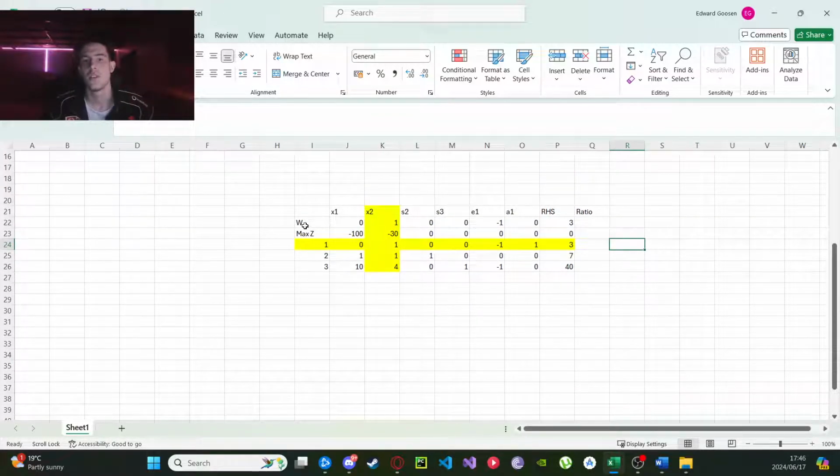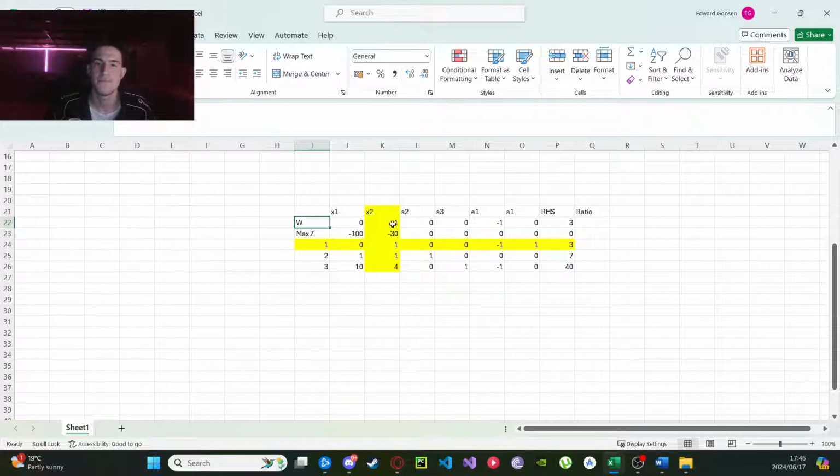A thing to keep in mind with our W function is that it's always a minimization problem, always a min, which means we're going to be looking at our largest positive. Generally, if it's a maximization problem, we look at our largest negatives, but the W function is always a minimization problem.